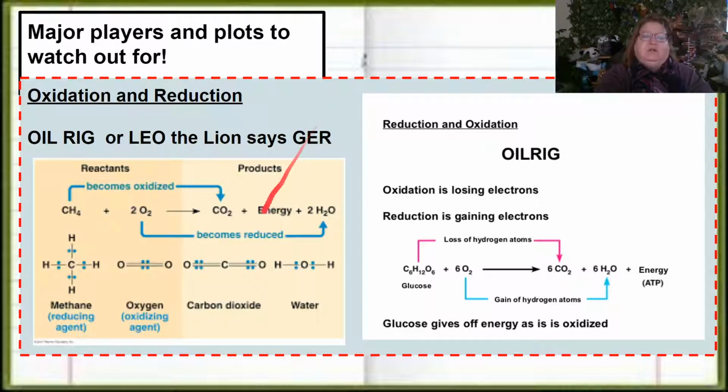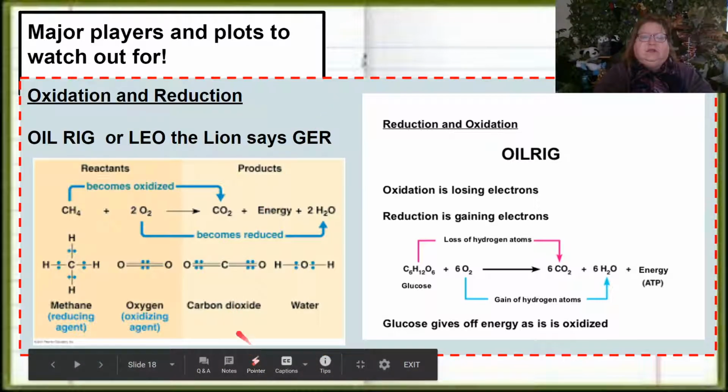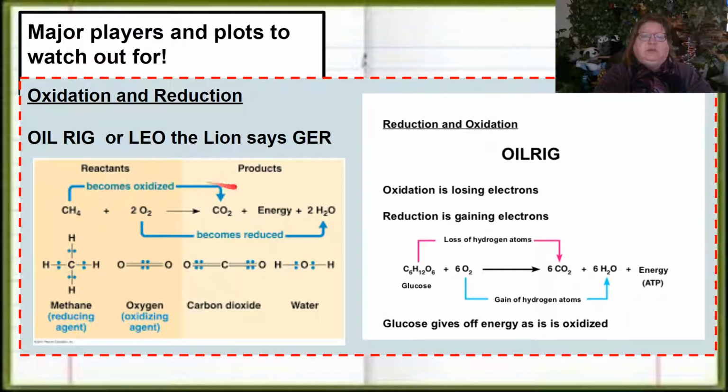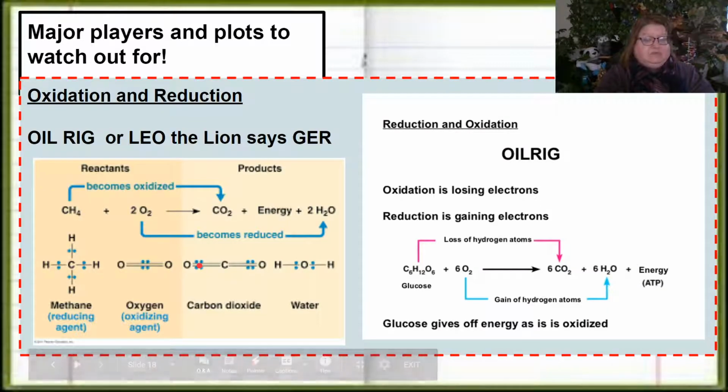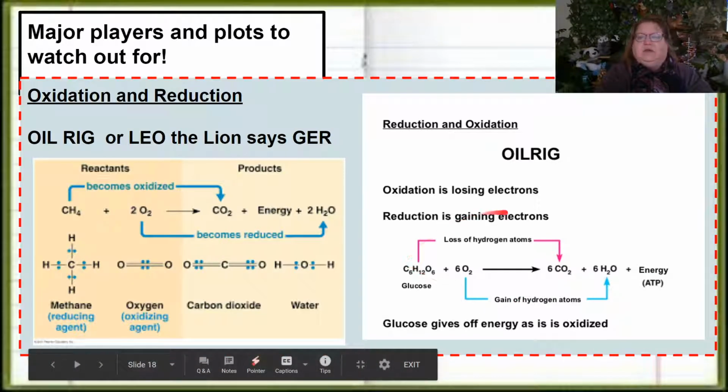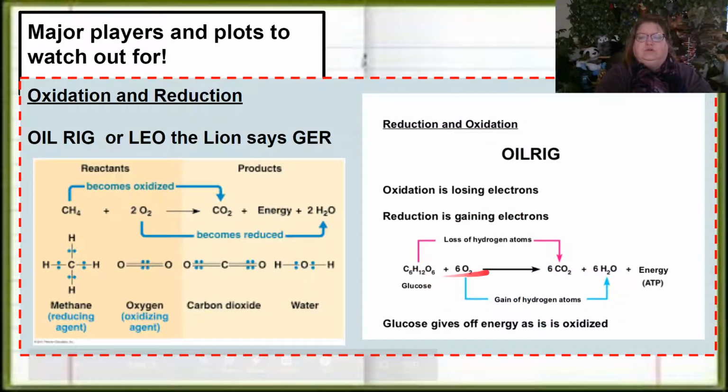So notice in our examples here, methane is going to become oxidized because the carbon loses electrons. They become further away, and that counts. Same thing when we talk about glucose. Glucose becomes oxidized because they lose electrons, they lose hydrogens as well.